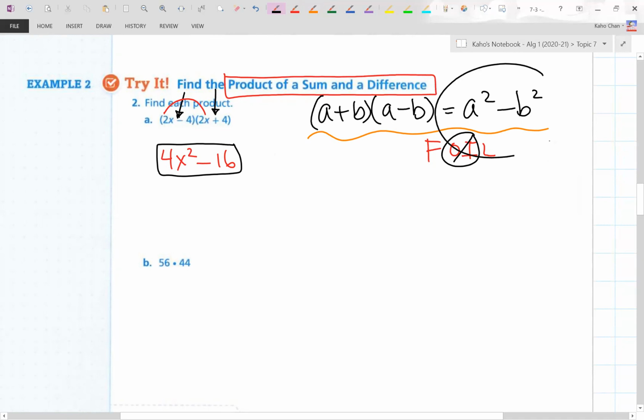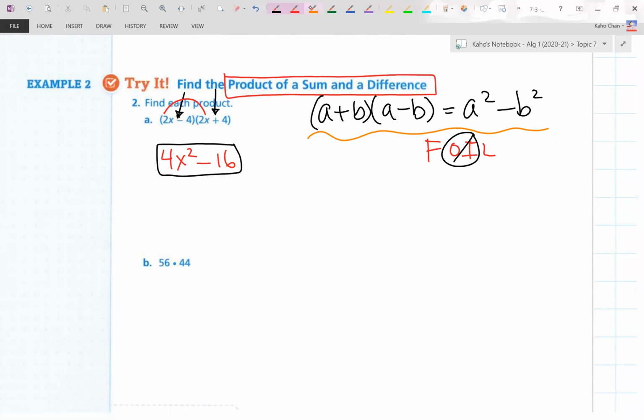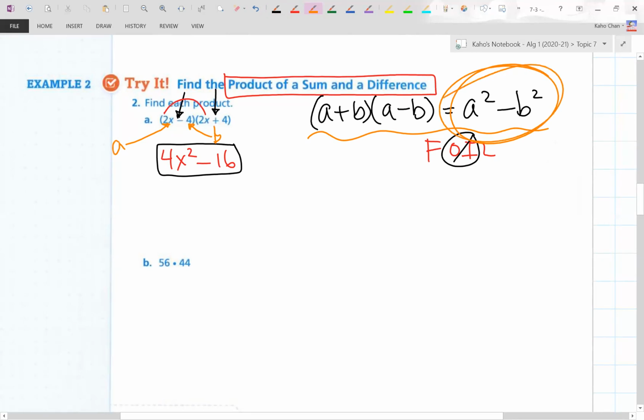This is the pattern. A is 2x. B is 4. All you have to do is put it into this template or form to get your answer. That's it.